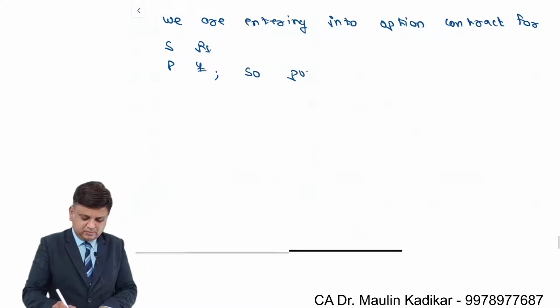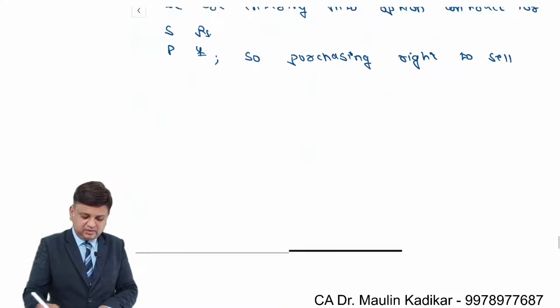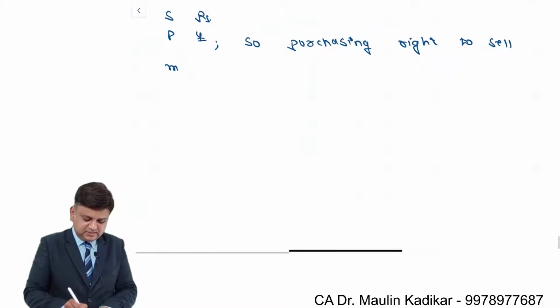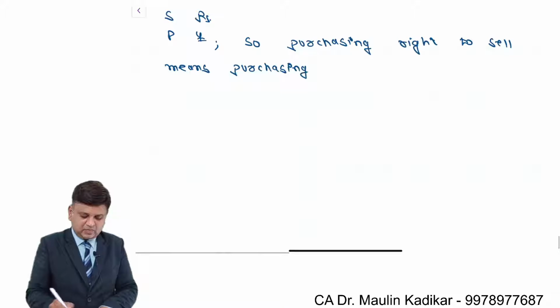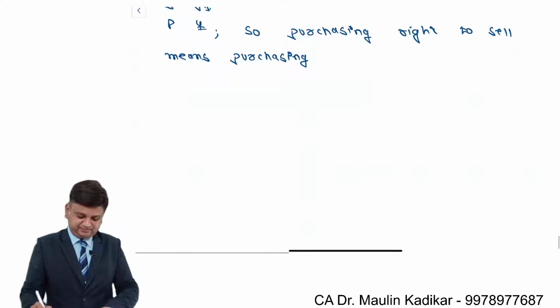So purchasing right to sell means purchasing put option.